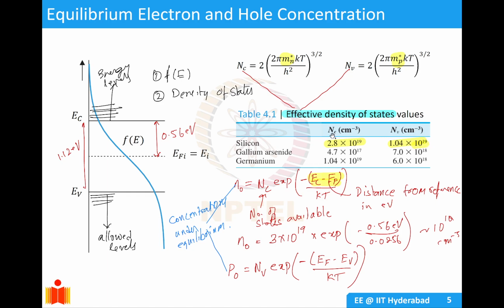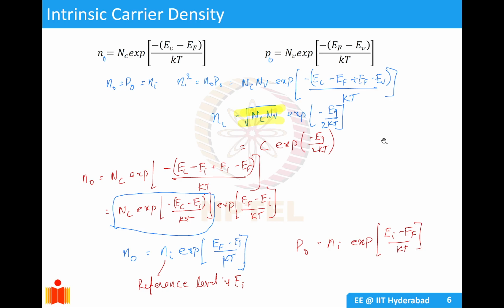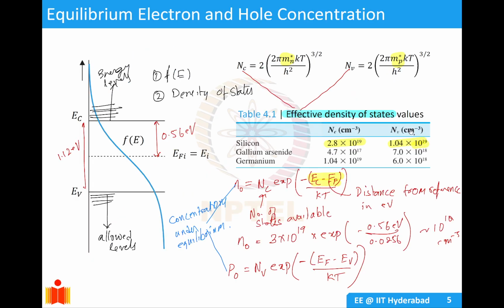You are generally not asked to calculate these values. They are given to you because they depend on your effective mass values, and effective mass values can vary heavily depending on the structure of the band.